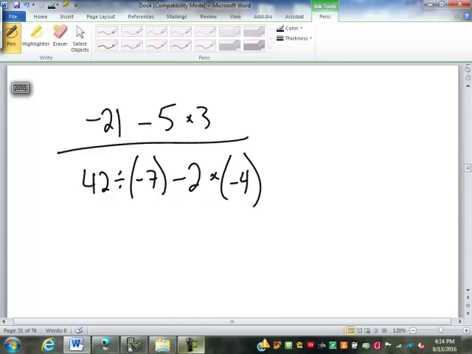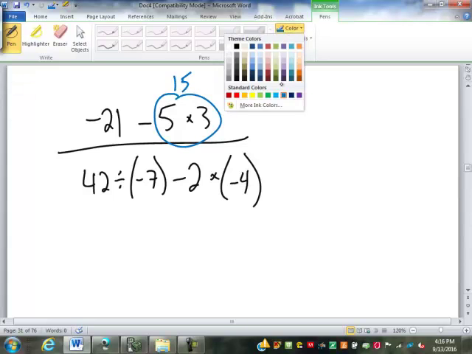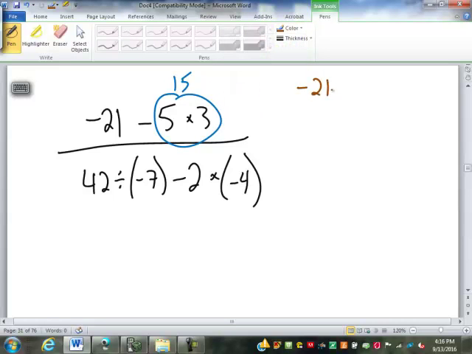Try that one in your notes. So I've got the fraction bar, which means I have to do everything on top first. On top, what is the first thing we need to do? Multiplication. 5 times 3, which is 15. So now we have negative 21 minus 15 gives us what?